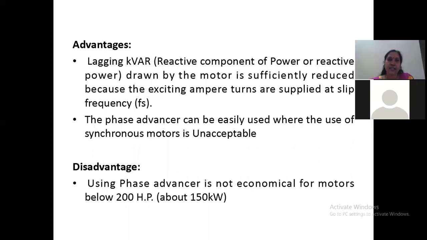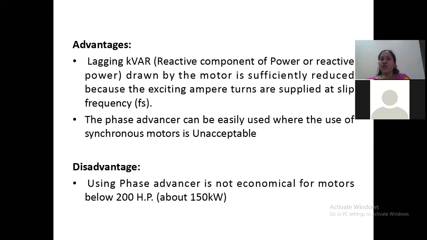Okay, so advantages are the lagging kVAR drawn by the motor is sufficiently reduced because the exciting ampere turns are supplied at slip frequency. The phase advancer can be easily used where the use of synchronous motors is unacceptable. Yes. See, a synchronous motor is nothing but a device, a motor, it occupies a space.